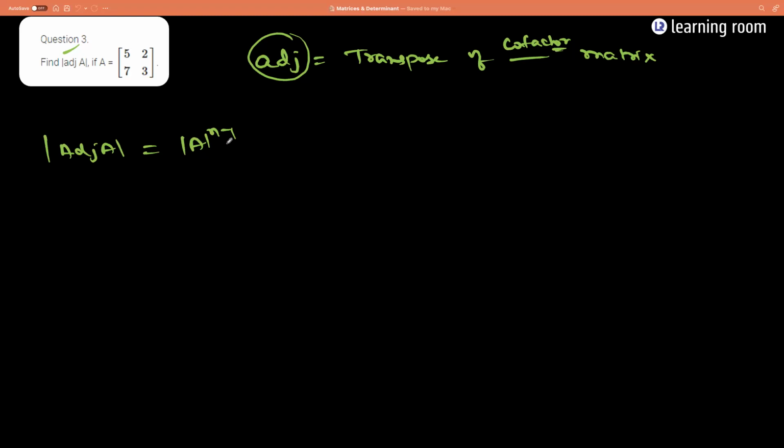You guys know this or not? So you need not sit and solve. What is the determinant of A? 15 minus 14, that is 1. 1 to the power of 2 minus 1, answer will be 1. That is the answer.